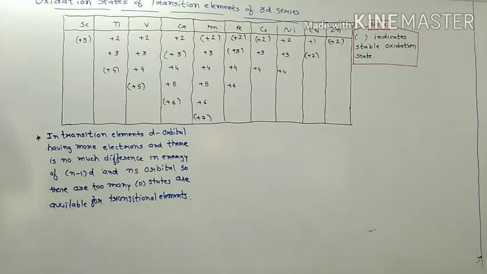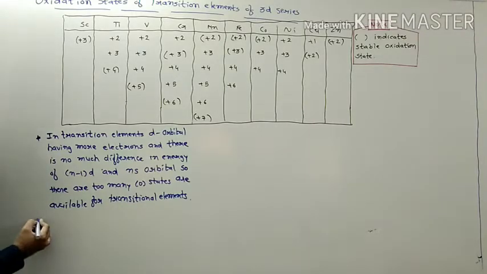So in transition elements, the d orbital has more electrons and there is no much difference between the energy of d and s orbitals. So too many oxidation states are available for transition elements, because the 4s electrons are responsible for lower oxidation states, while both are possible.